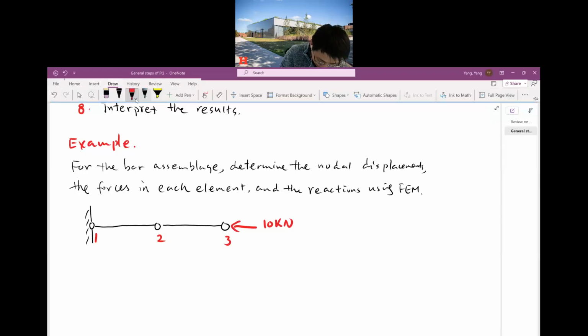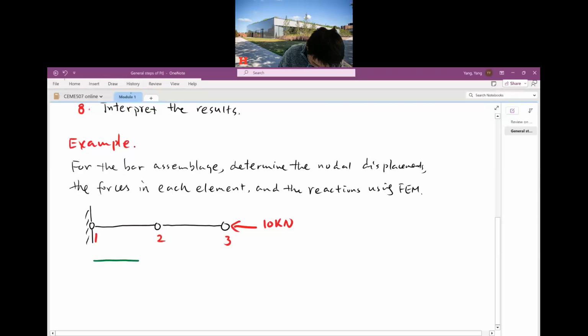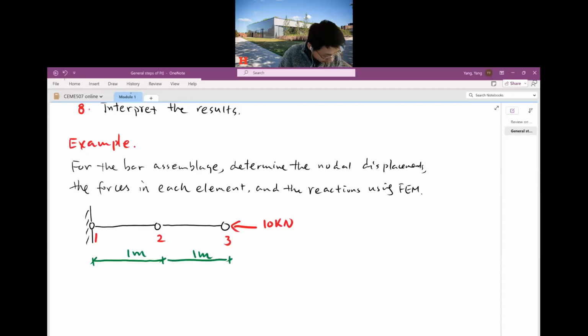We know that the length of each element is 1 millimeter, and then we have the modulus of elasticity given here, and then we have the area here.